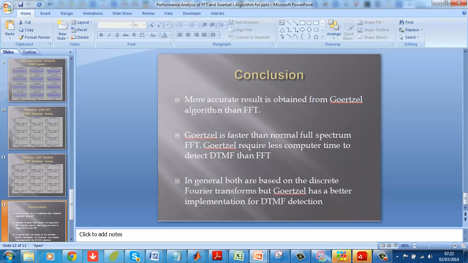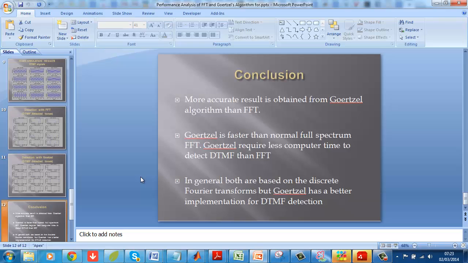In conclusion, a more accurate result is obtained from the Gaussian algorithm than FFT. Gaussian is faster than normal full spectrum FFT. Gaussian requires less computer time to detect DTMF, and in general, both are based on the discrete Fourier transform, but Gaussian has a better implementation for DTMF detection.